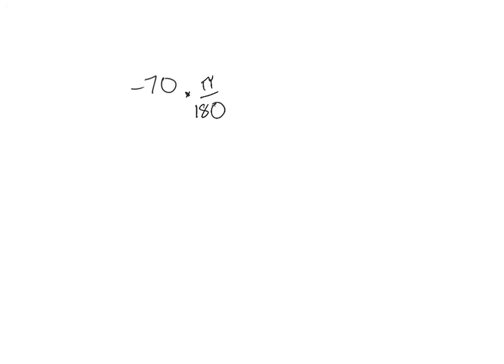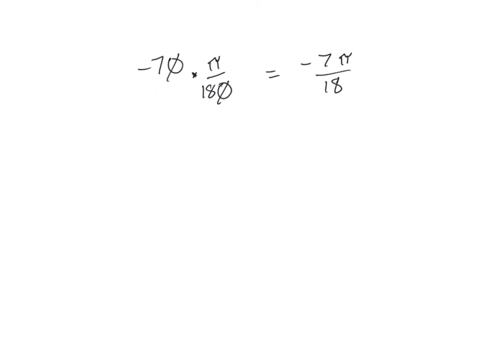Without using my calculator, I can simplify. I can get rid of these zeros right away. This gives me negative 7 pi over 18, and I cannot simplify that anymore. So my answer is negative 7 pi over 18 radians.